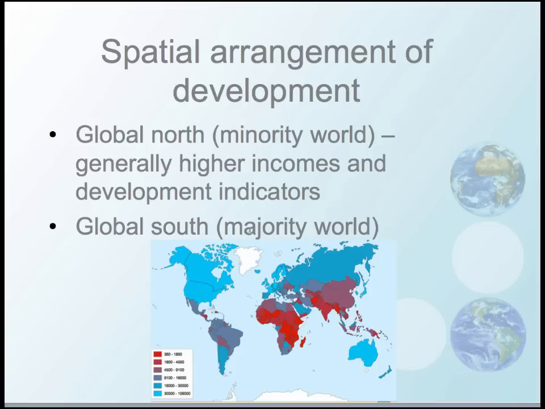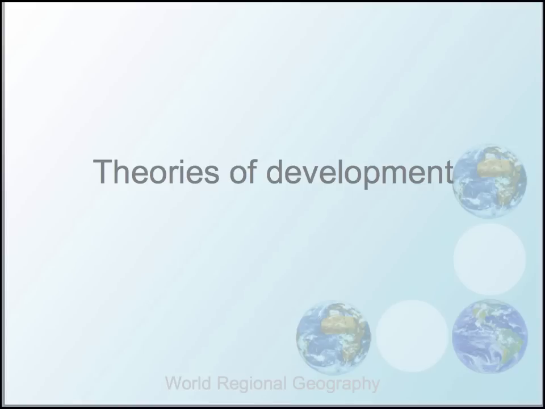But looking at this map, you can see that mostly the most developed countries in the world are concentrated in the northern hemisphere, especially North America and Western Europe, while the less developed countries are focused in the global south. Now, in terms of population, this is most of the world. Now, a number of theories have emerged to explain the unevenness of the distribution of wealth and development throughout the world.